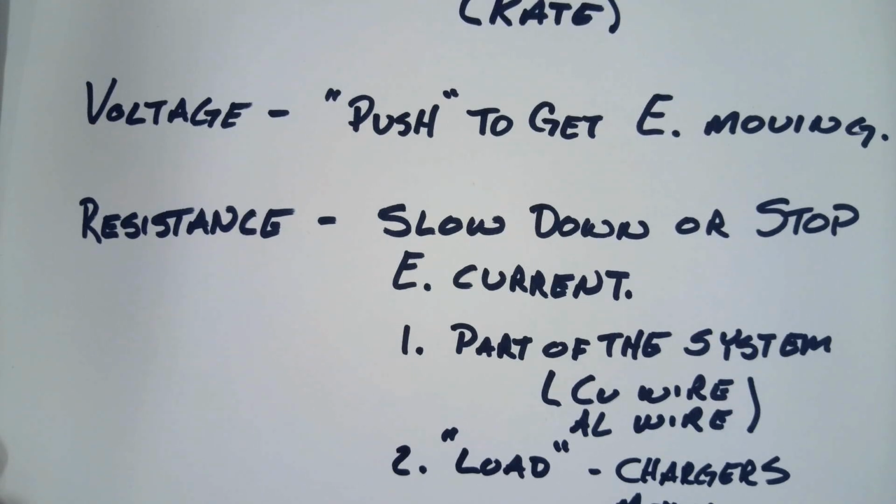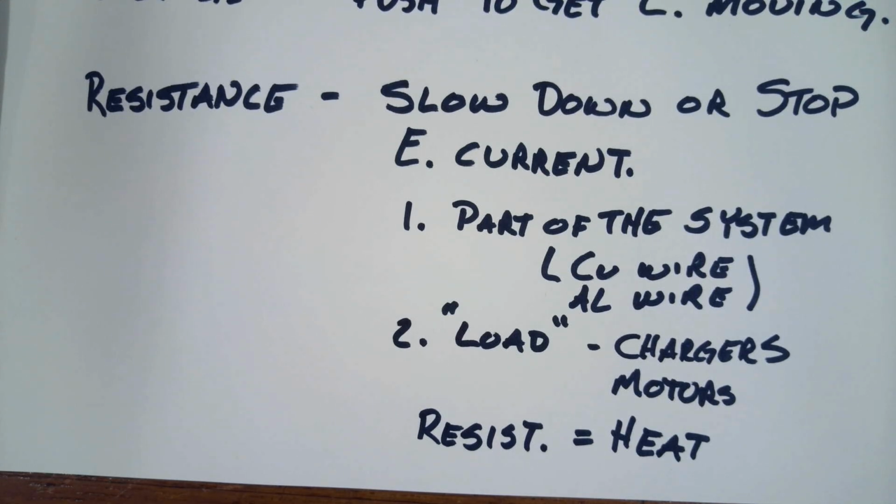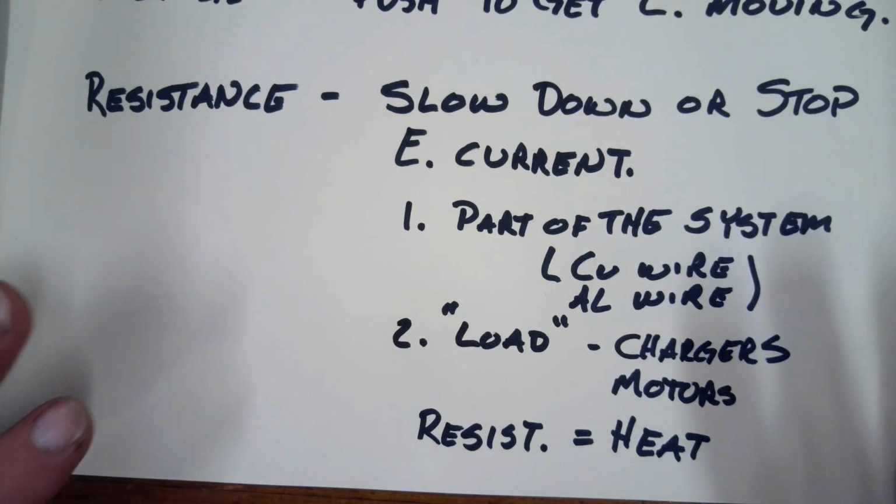Partly because that's just the nature of the materials, partly because we're actually using it. And that device is going to have some resistance in it as well. And whenever we have resistance in a circuit, there is going to be some amount of heat that's going to develop in it. Might not be much, but there'll always be some. Okay? Clear as mud? All right.